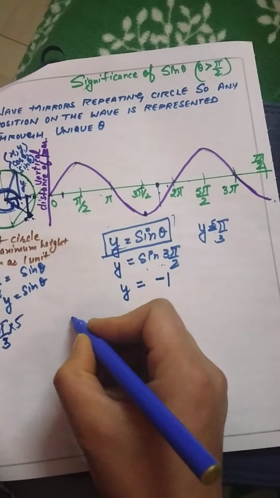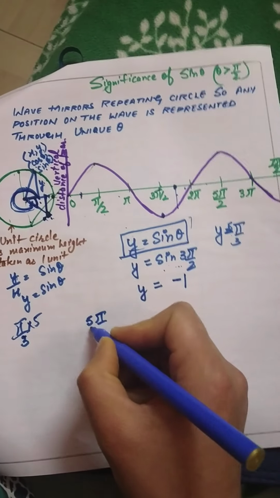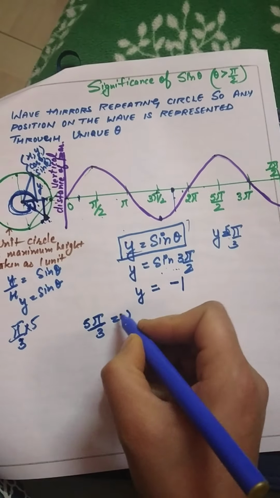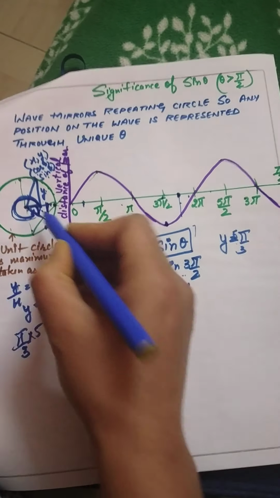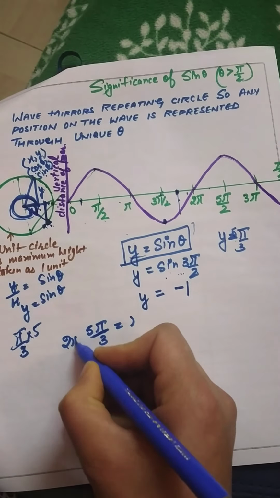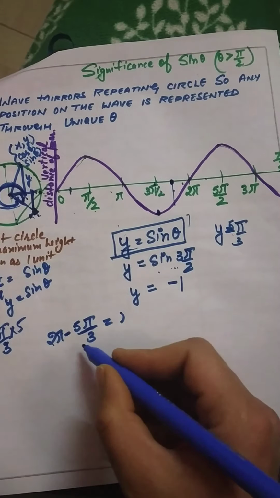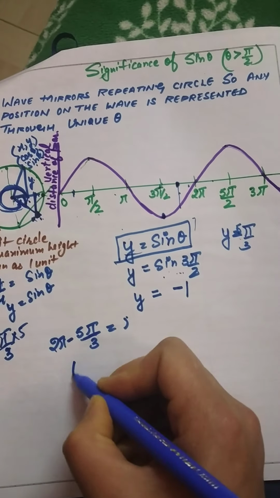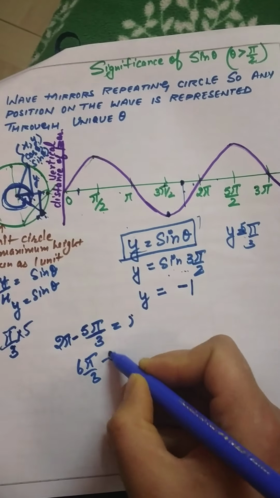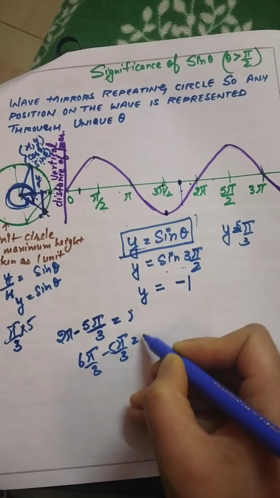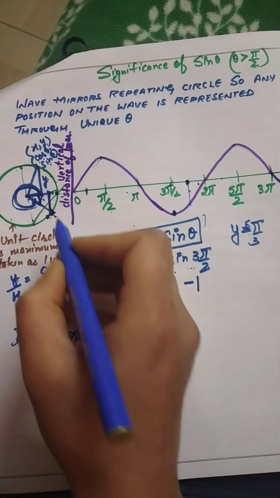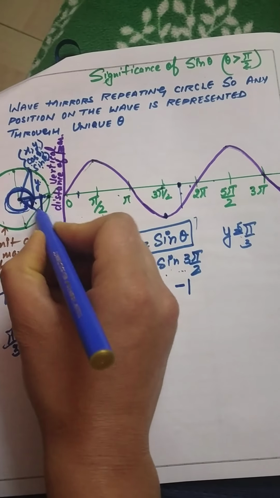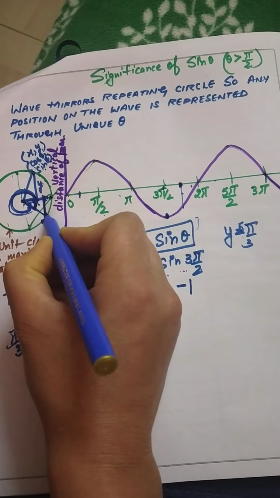Because this angle is actually equal to 2 pi minus 5 pi by 3. And if we calculate it, it's going to be 6 pi by 3 minus 5 pi by 3, which is equal to pi by 3. Okay, means this angle is pi by 3. We got this angle. Now we can apply trigonometry here and we can find out this vertical distance.